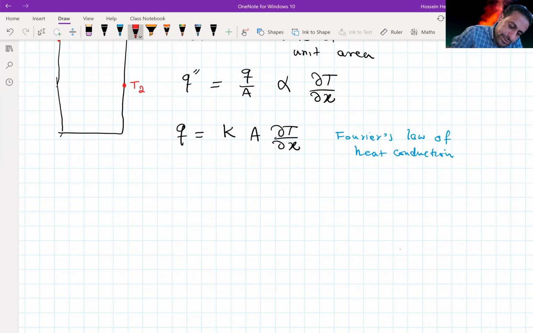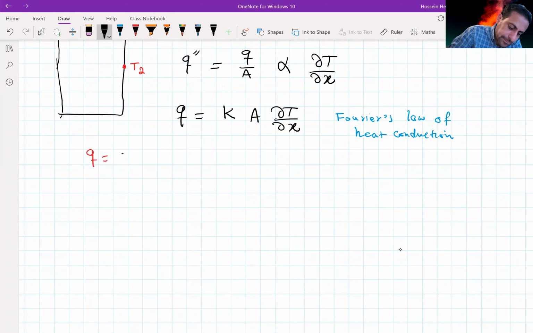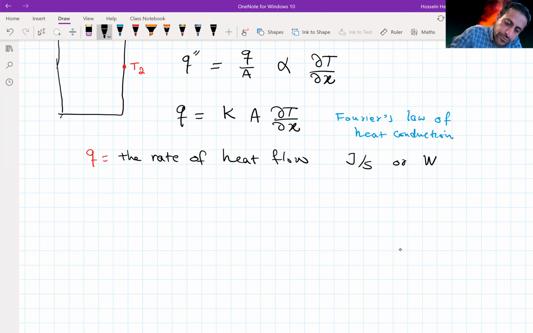In this equation, Q is the rate of heat flow, and it has a unit of joule per second or watt.